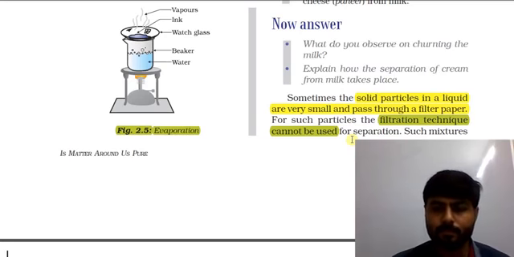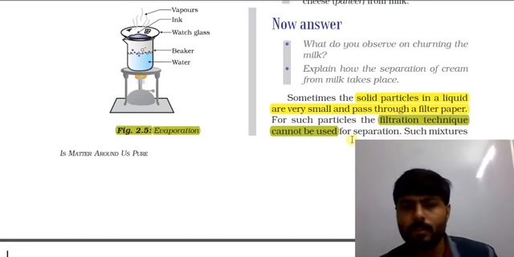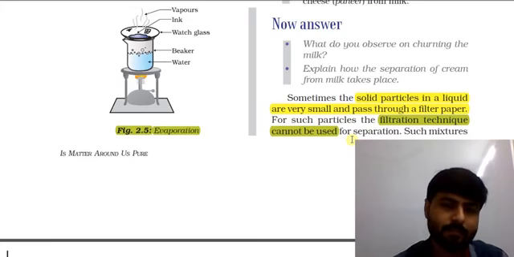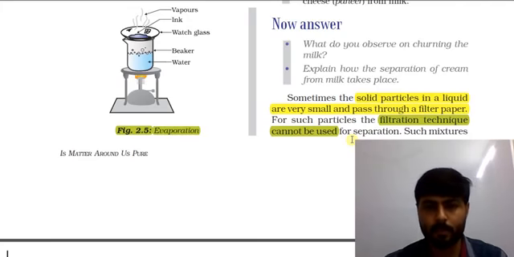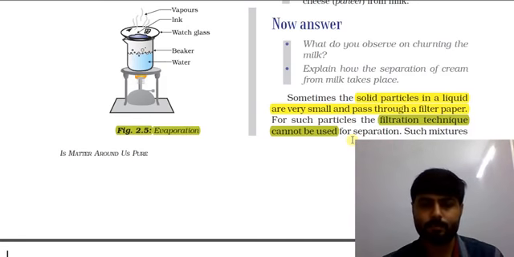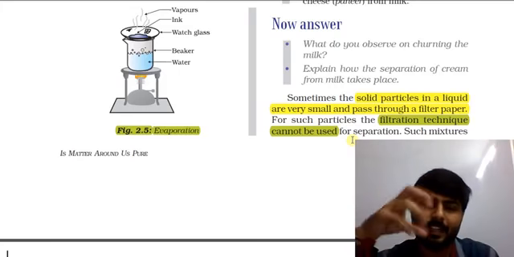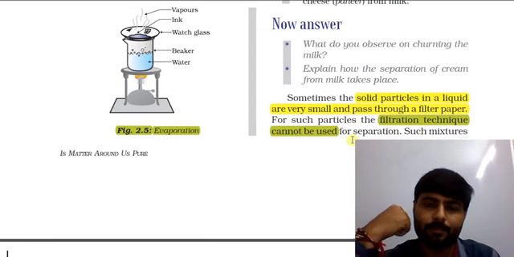Similarly, for example, blood has white blood cells, red blood cells, platelets, plasma. If we want to separate these blood particles, we cannot separate them with the help of the filtration technique because all these blood cells are very small and they pass through the filter paper.